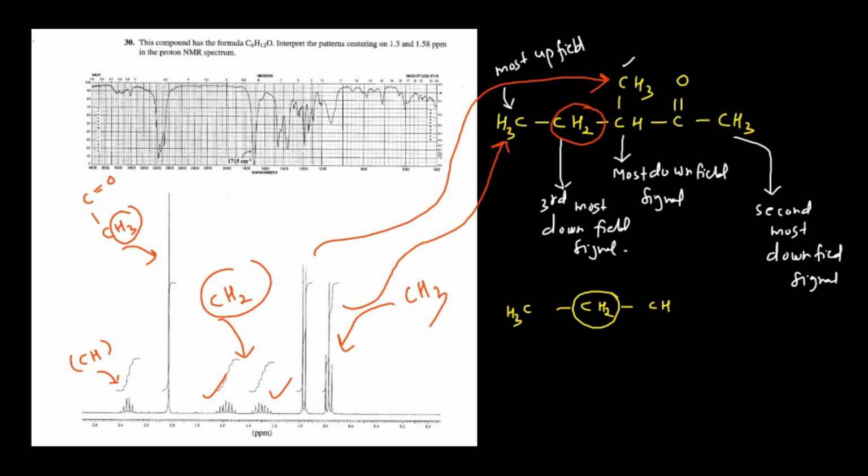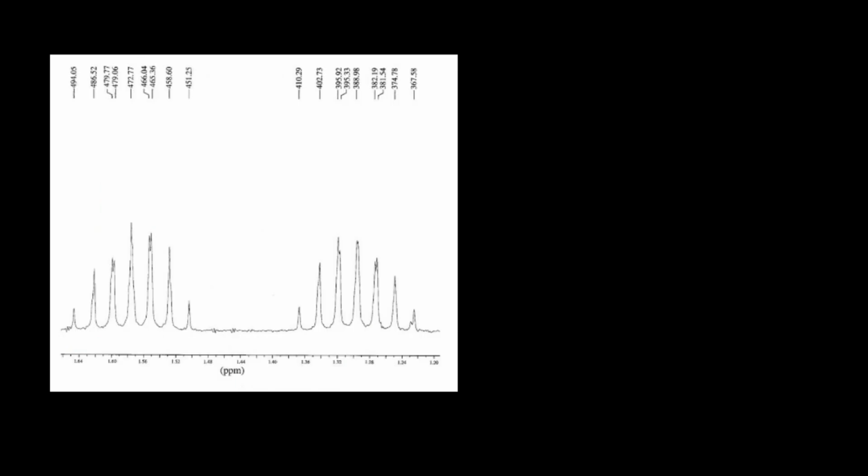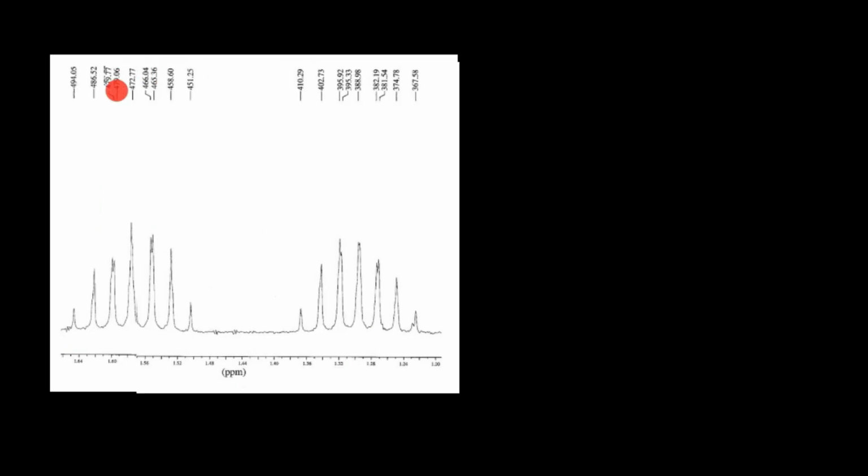But the question is, whenever these two different sets of hydrogens are there and this CH2 is coupling with both of them, which one this CH2 will couple with first will be decided by the value of the coupling constant. You can very easily calculate the coupling constant from here to here.